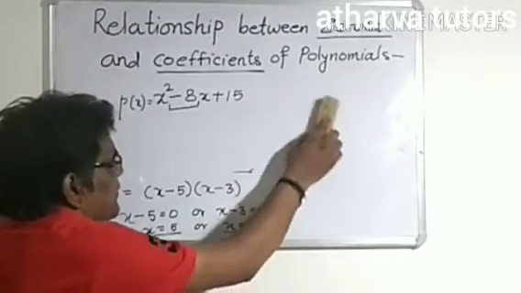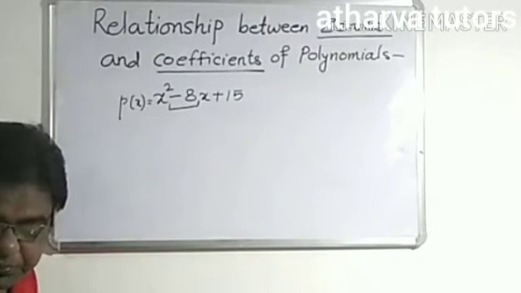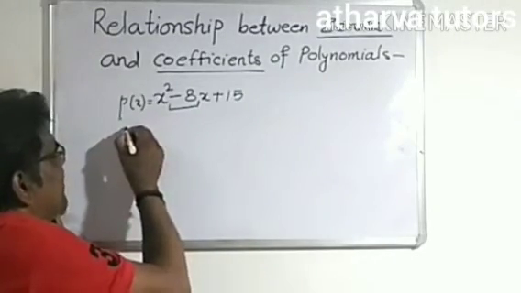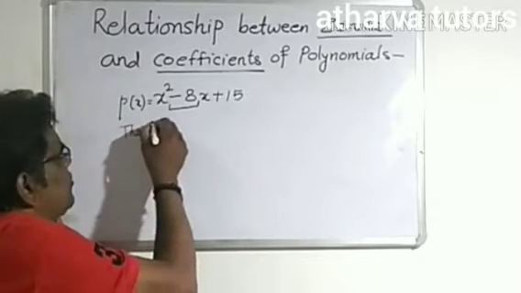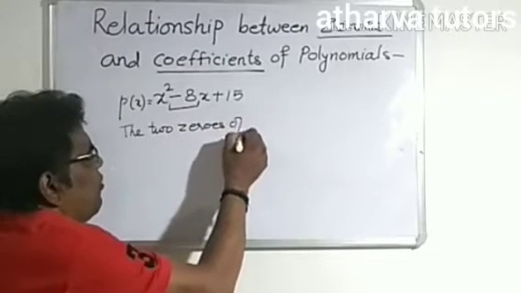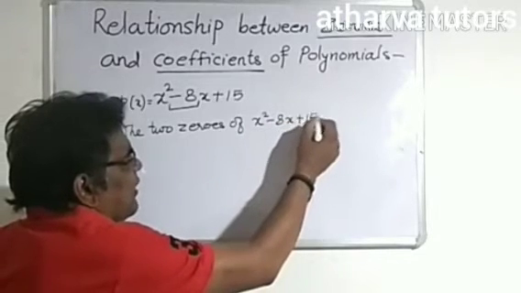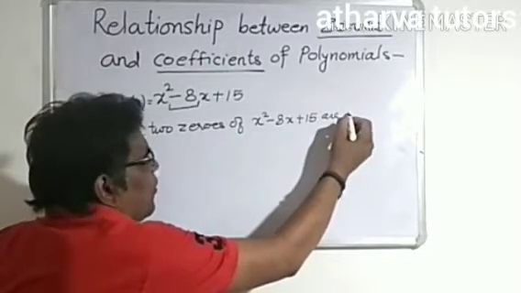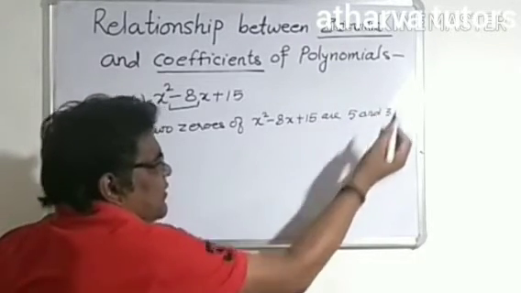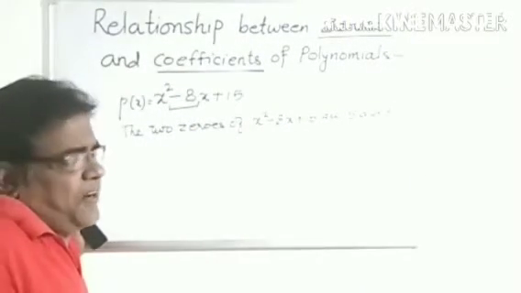So the two zeros of x square minus 8x plus 15 are 5 and 3, which we got when we did the factorization.